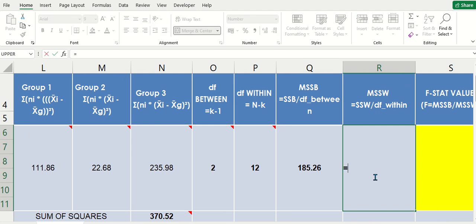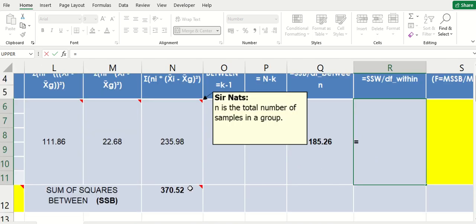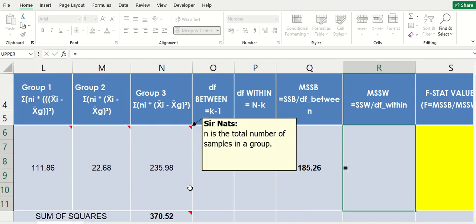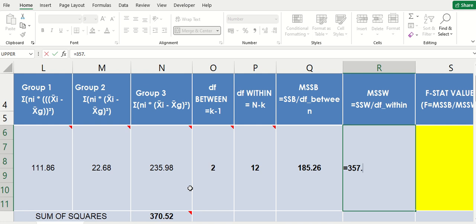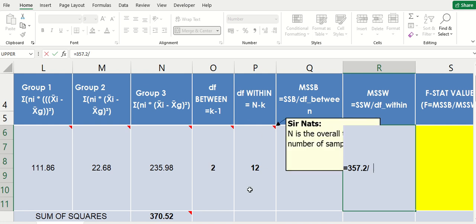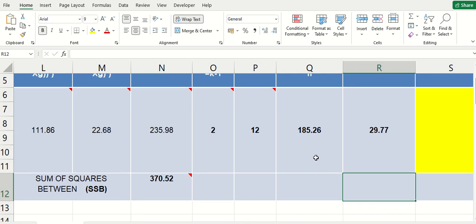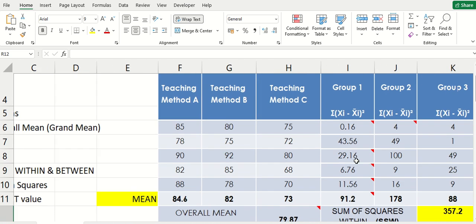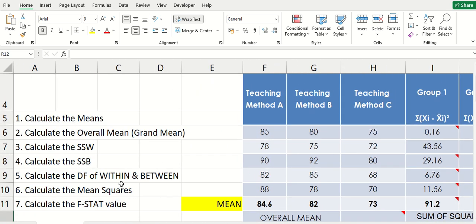Now, same process, but this time we need the within. The sum of squares within is 357.2, then divided by degree of freedom within. Well, we have 29.77.